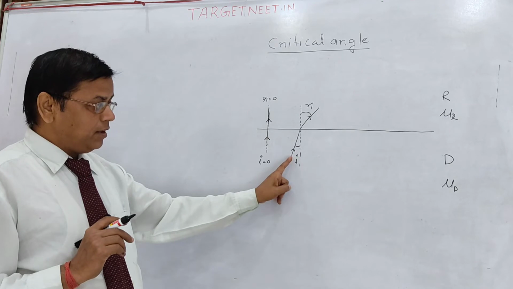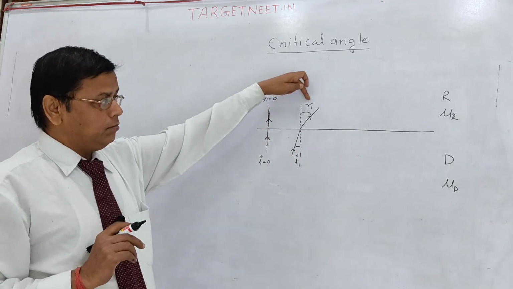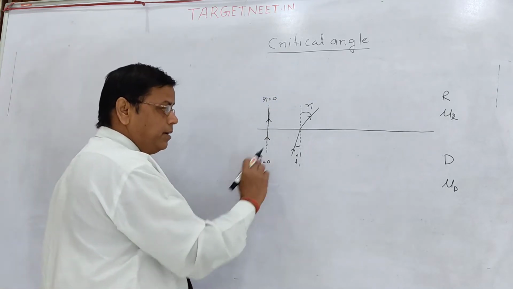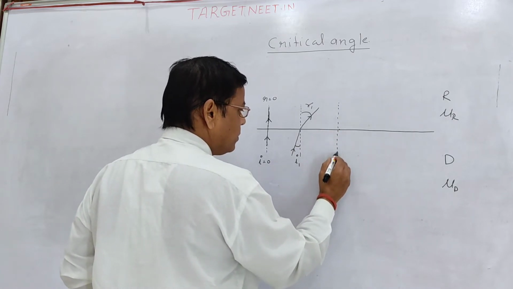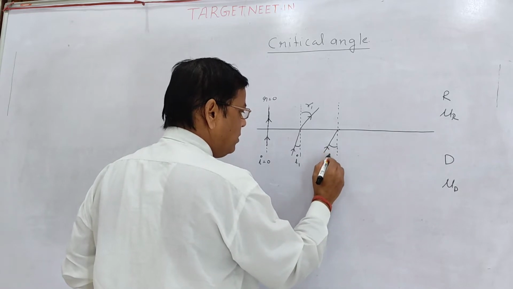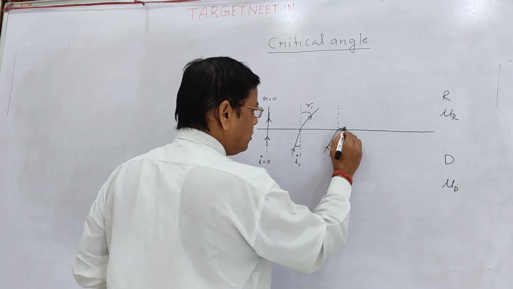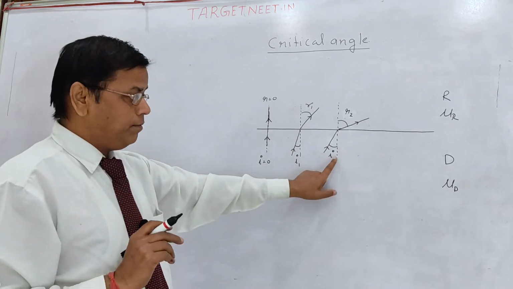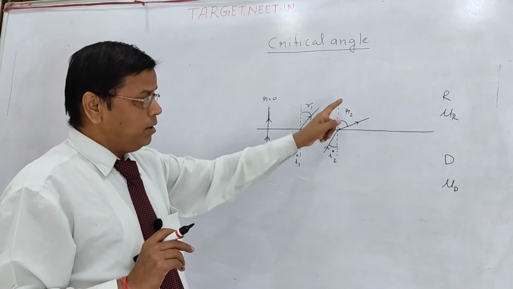So here I increase I a small value, but here I am getting more angle of refraction. If I further increase I, I find a further increase in angle of refraction. So the angle of incidence is increased, the angle of refraction is also increased.